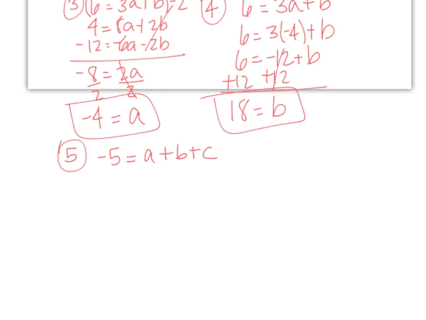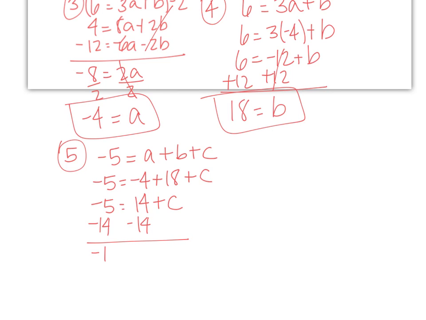So plugging in, we have -5 equals a is -4, b is 18, and we don't know c. So -4 plus 18, we get, my bad, 14, plus c. And then we're going to subtract 14 over. So -19 equals c.